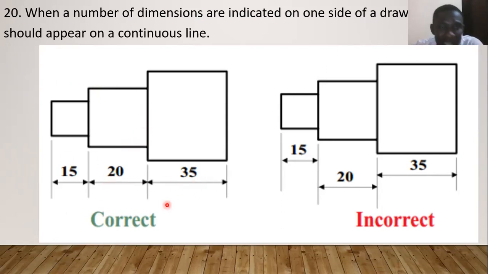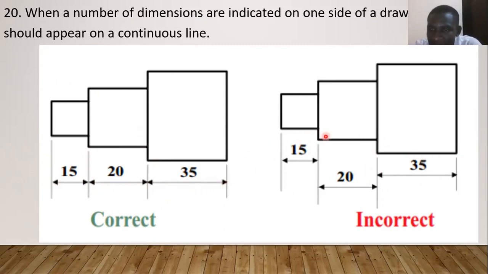Now since the numbers are at the bottom part, because they are on the same side, the dimensions should be in line. The dimension line for 15 is coinciding with the dimension line for 20, and it's coinciding with the dimension line for 35. But the converse is happening here.